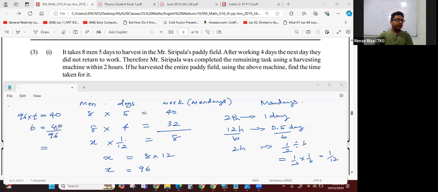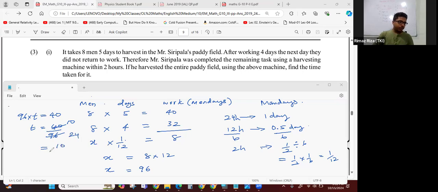Both can be divisible by 4. 40 divided by 4 is 10, 96 divided by 4 is 24.